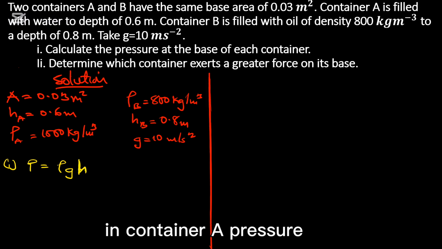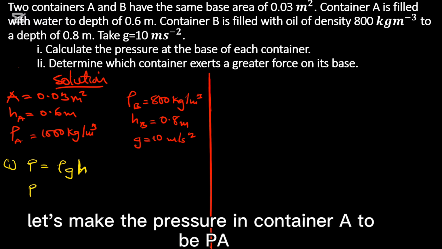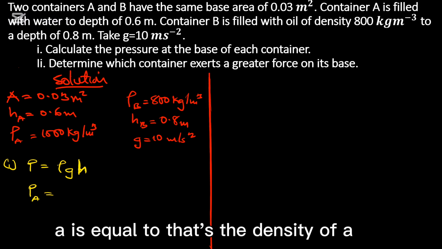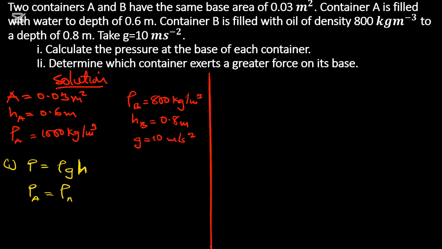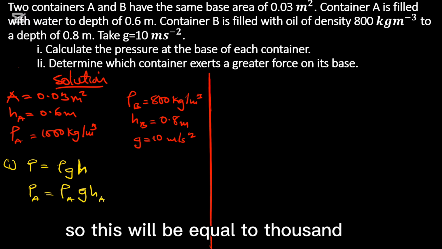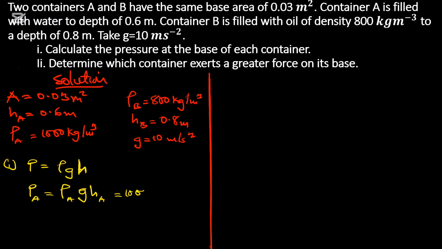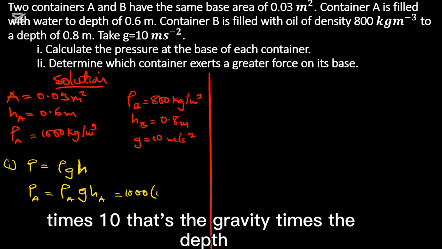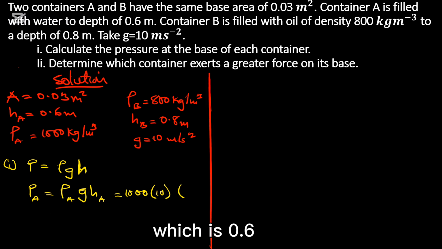In container A, let's make the pressure PA, which is equal to the density of A times gravity times the height of A. So this will be equal to 1000 times 10, that's the gravity, times the depth, which is 0.6.